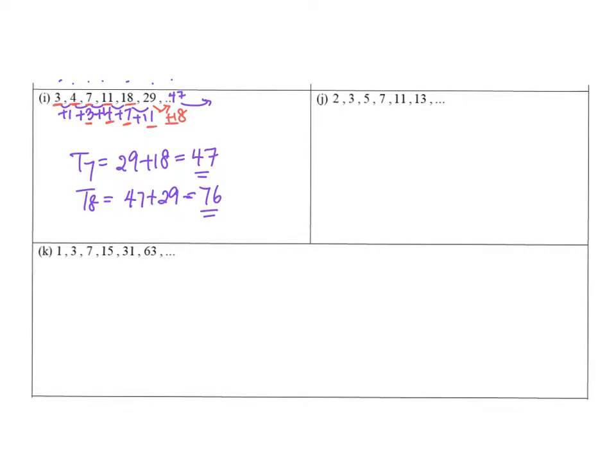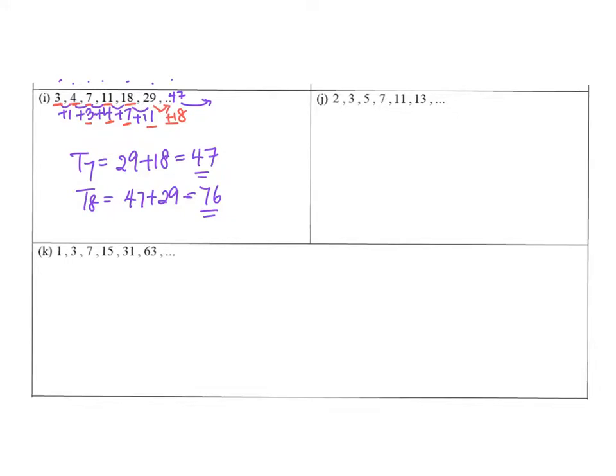Next one, we have 2, 3, 5, 7, 11, 13. All these numbers are prime numbers. So this is the ordered list of all the prime numbers.